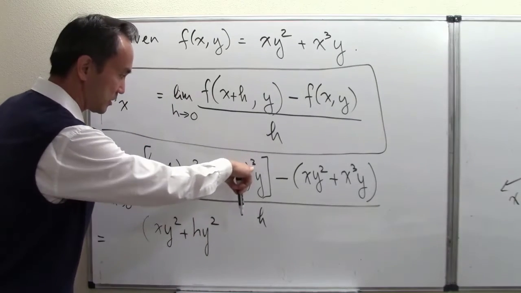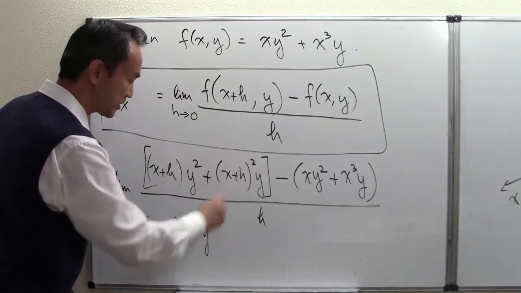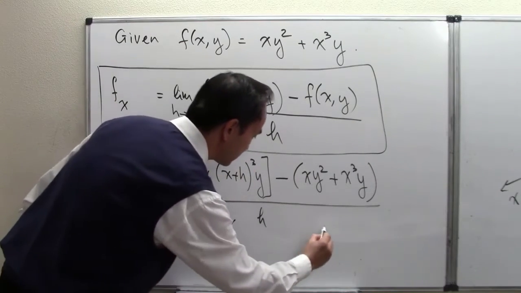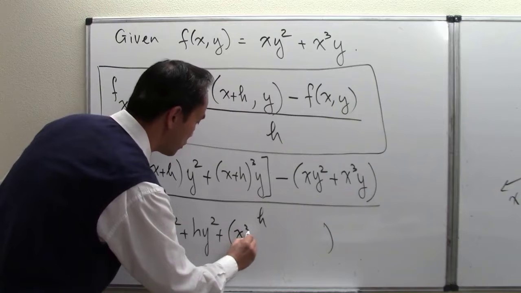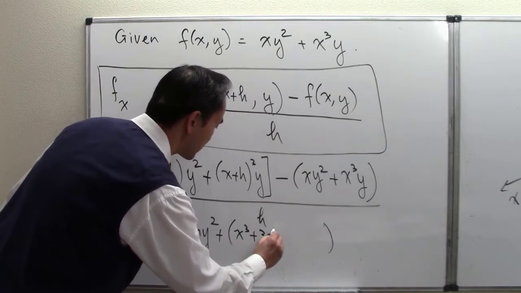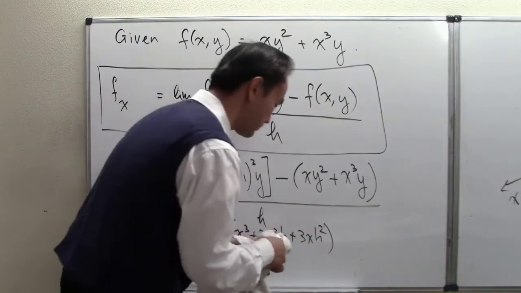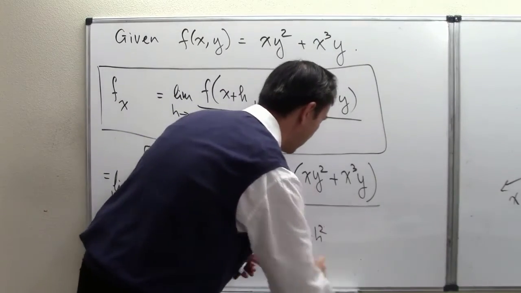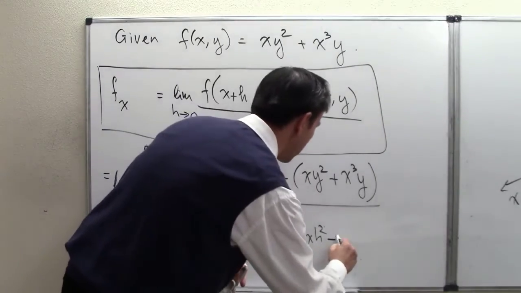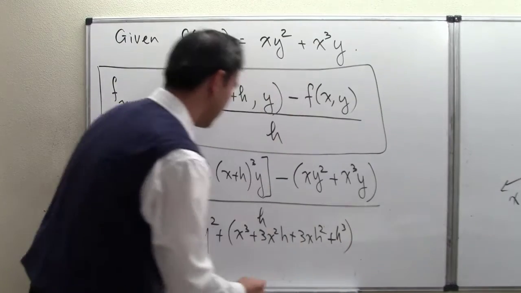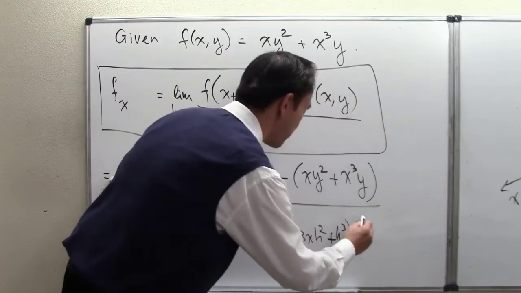And then this cube right here, the cube of x plus h, I can expand out as x cubed plus 3x squared h plus 3x h squared plus h cubed. Then we're going to multiply that with y.